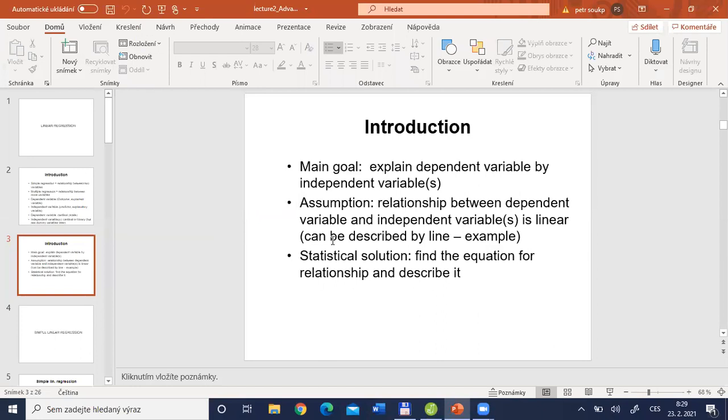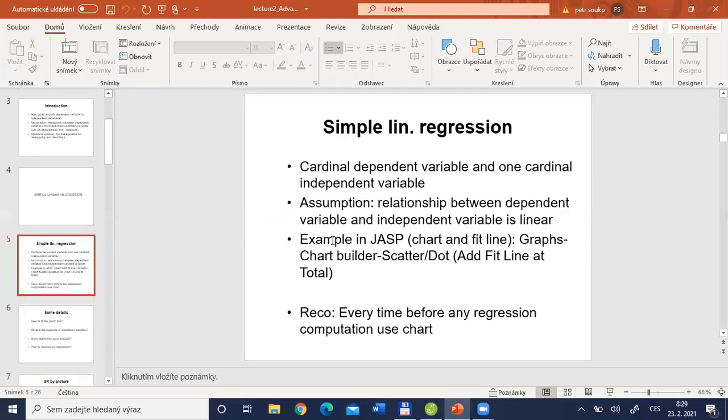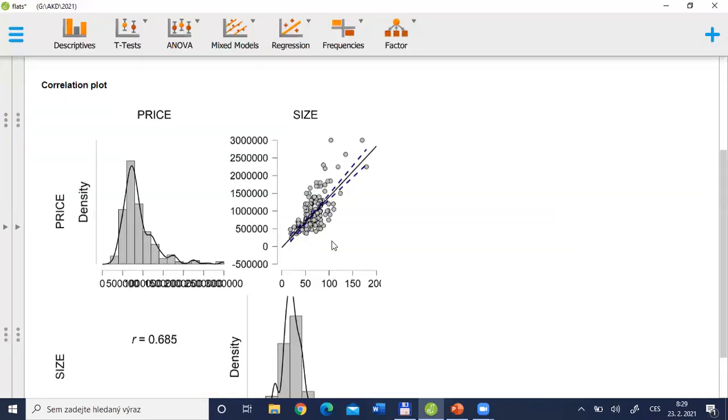So let's go to some pictures and descriptions. Once again, a repetition of assumptions. One cardinal dependent variable, and for simple regression, it is expected that you have one cardinal independent variable, and it is expected that your relationship approximately follows a line. So it means that these points are quite close to the line, and that the pattern of the data is following the line.